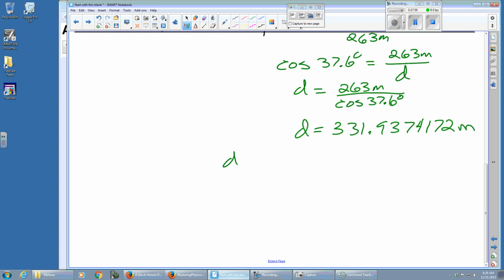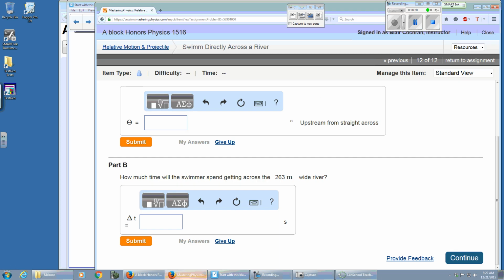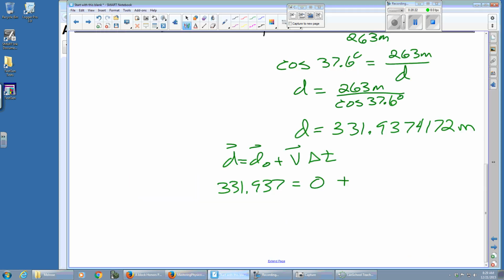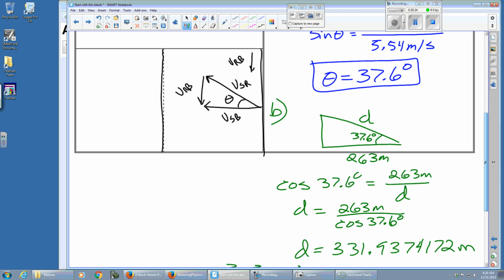I'm going to use D equals D naught plus V delta T from the top of our equation sheet, right? And use 331.937 equals 0 plus, what was his velocity?